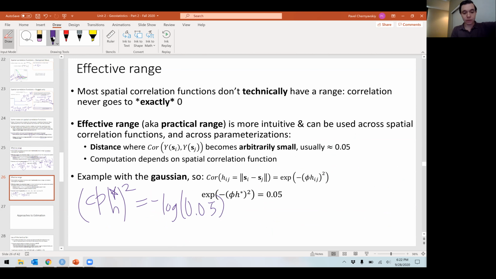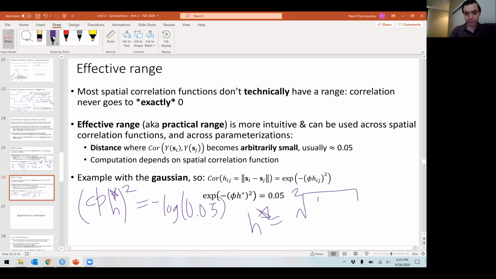So I'm going to take the square root of both sides and divide by phi. So my h star is the square root of this quantity divided by phi.